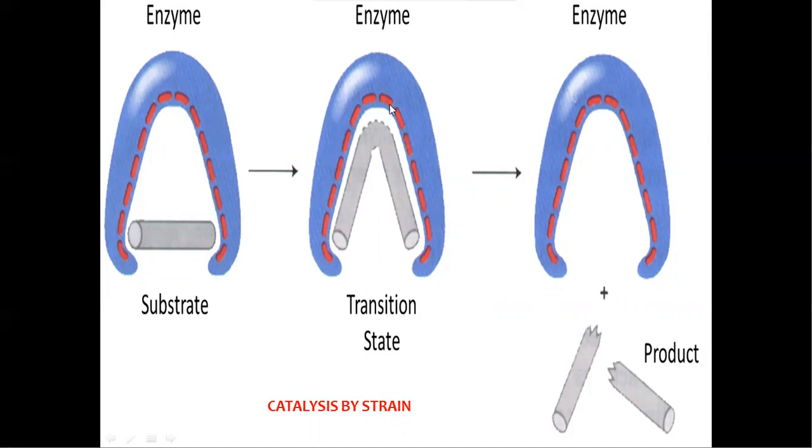The complete binding energy will be increased, and at this position the activation energy decreases and the rate of reaction increases. After this transition state, the substrate molecules will be broken and converted into products.